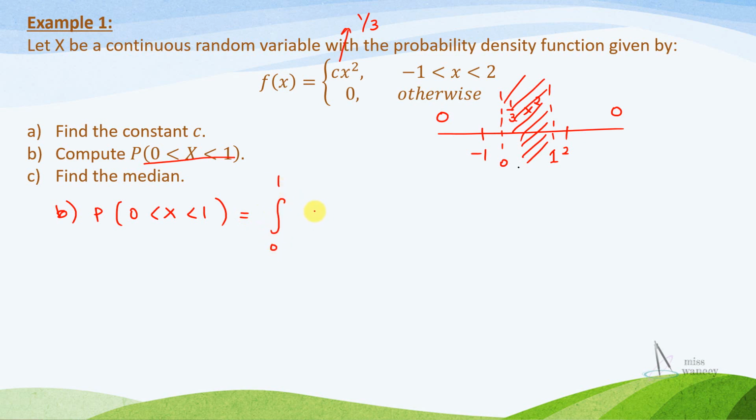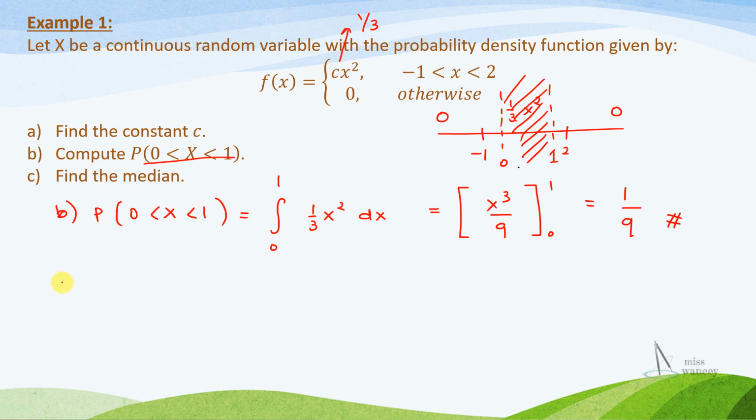The function is 1 over 3 x squared dx. Integrating x squared will give me x cubed, so this is x cubed over 9, from 0 to 1. Substitute the upper limit minus the lower limit, so we are going to get 1 over 9. Okay, so that is the probability.